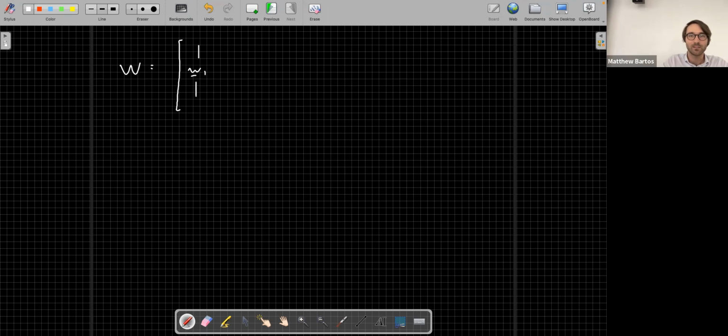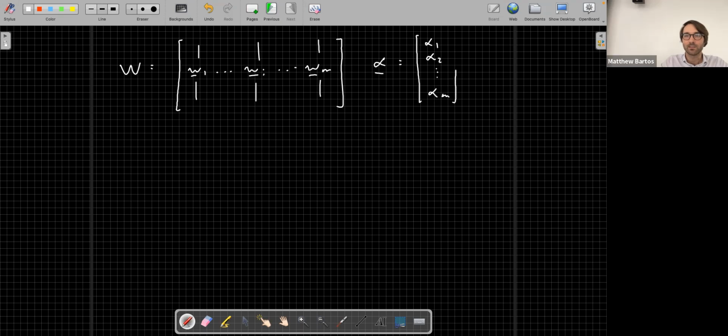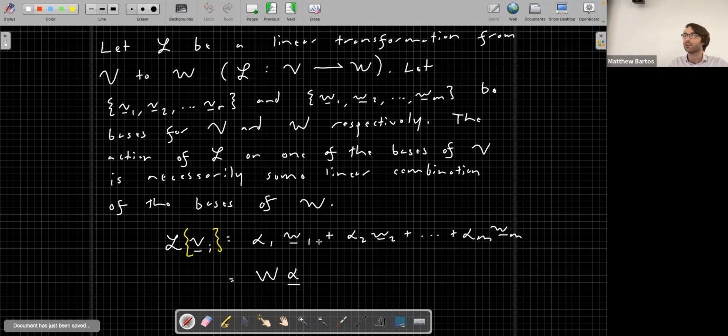So we have W1 through Wi through Wm all stacked together, and we have alpha, a vector equal to alpha 1, alpha 2, and so on, all the way through alpha m. And this just follows from our definition of the matrix vector product. If we take W and apply the product W alpha, it gives us this expression here.